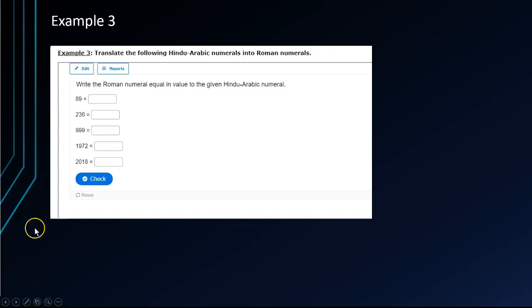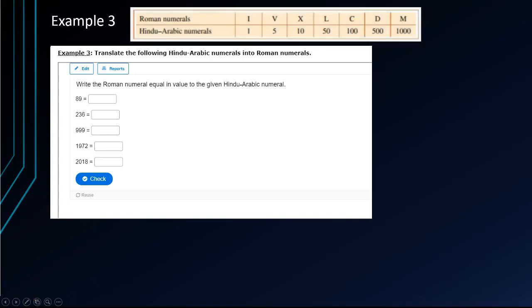So when I break this down, 89, again, making sure I have my Roman numerals and know what they are. 89, I'm going to consider that to be 80 plus 9. Now, 80 is going to be the combination of 50 plus 30, so I would have an L, then 3 X's.